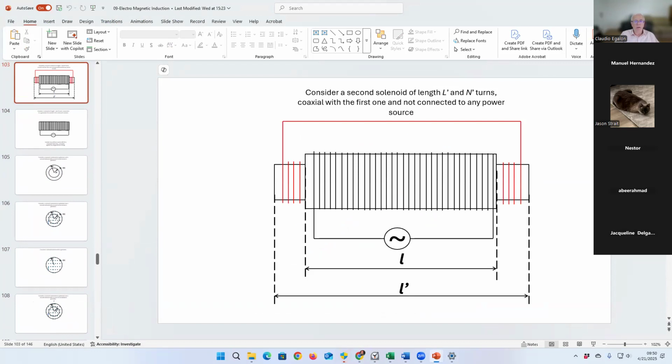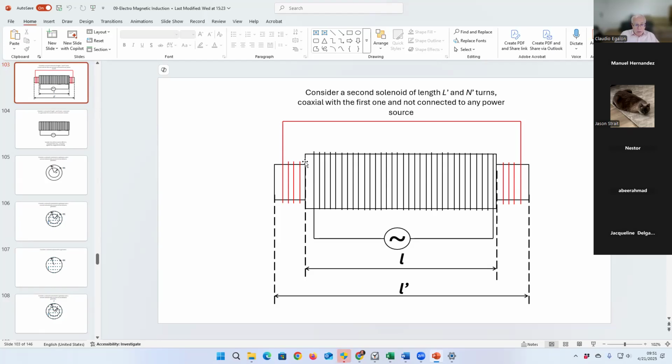Recall this drawing: we have a main solenoid powered by a generator, and a secondary solenoid inserted on the inside of the primary solenoid. What you see here is already a transformer.